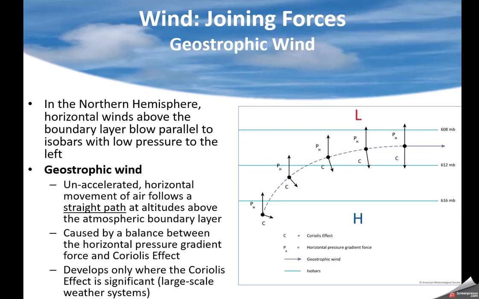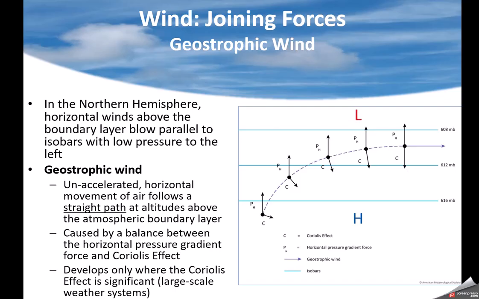There's another wind we term. If you look in the upper atmosphere, you're going to see winds parallel to the contours or isobars. When they do that, how did they do that? What causes that? Well, in that case, there's no friction, so we don't have to worry about friction in the upper atmosphere too much. So there's two forces. You have the horizontal pressure gradient, so everything wants to go from high pressure to low, so it starts out with that.